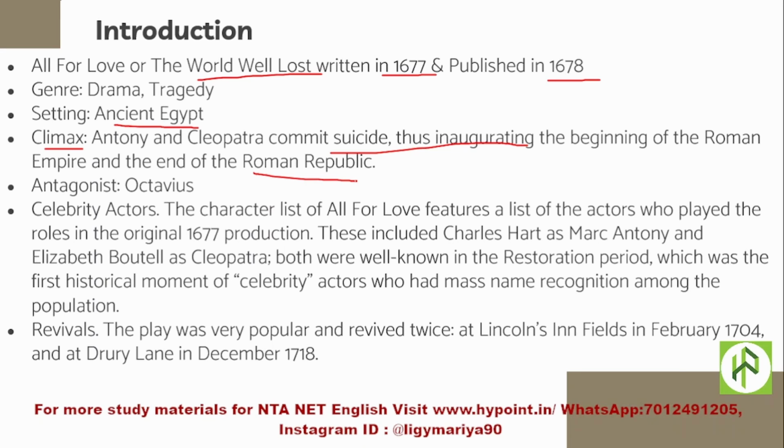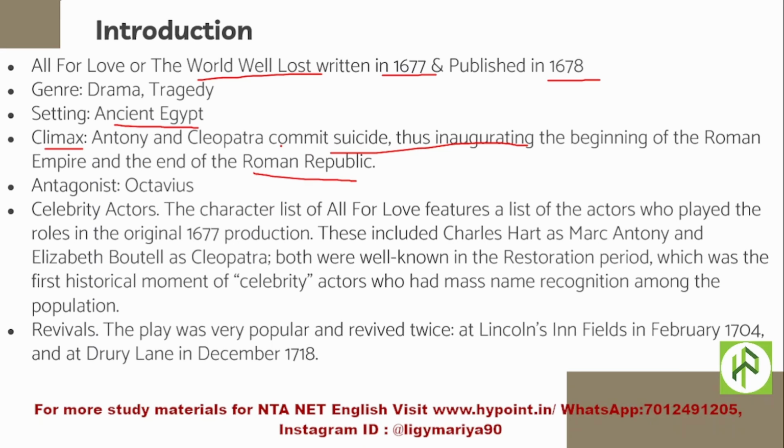In the last scene of the play, Antony and Cleopatra both commit suicide. When he heard that Cleopatra had committed suicide, he could not stand it, and he committed suicide. But Cleopatra said she had committed suicide just in order to make him jealous, in order to make him come back to her.